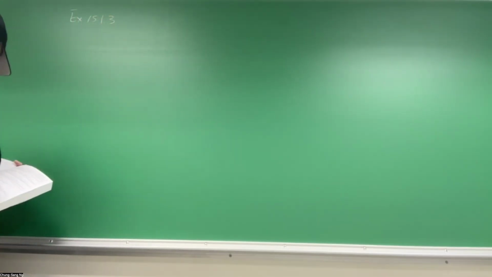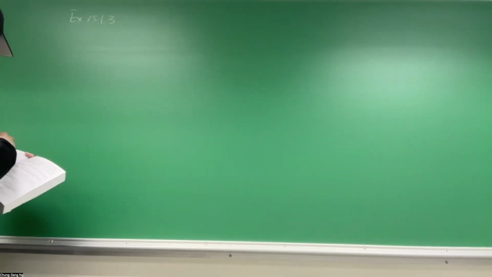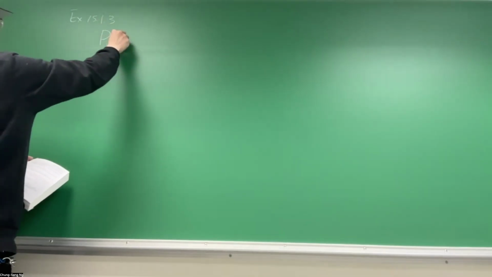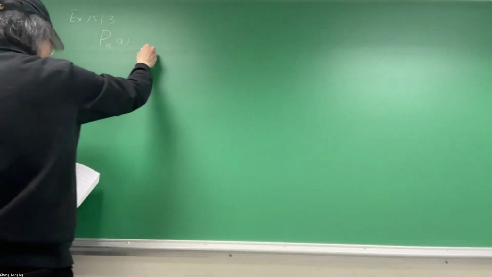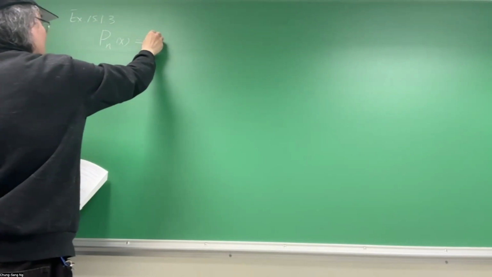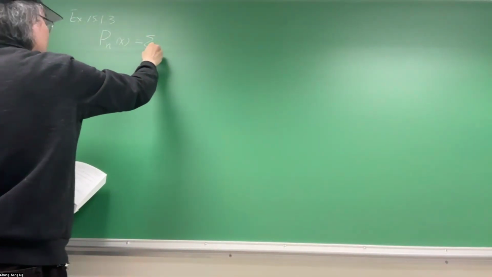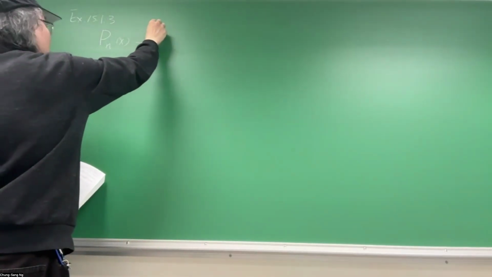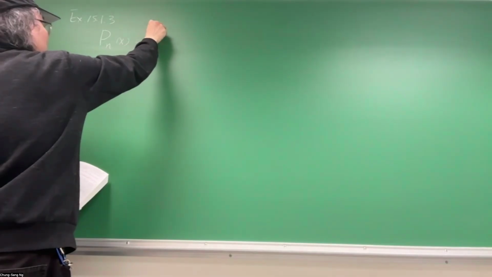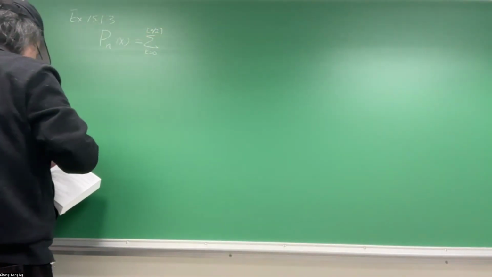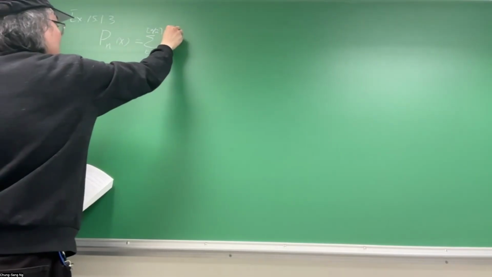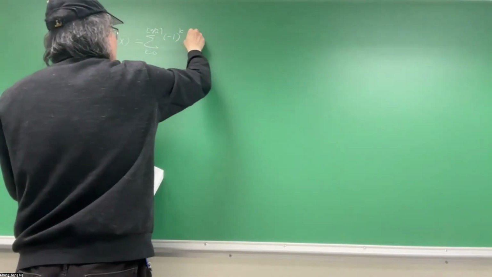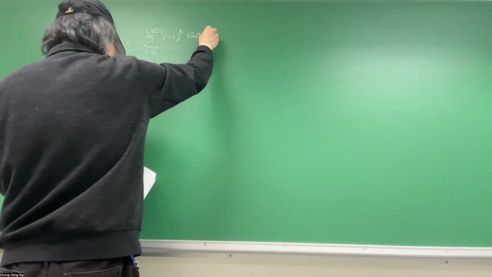15.1.3, right? So you start with this series expansion, and it's given in question 2 already. So you have the sum over k, up to the largest integer below n over 2, and to the k power, n minus 2k.